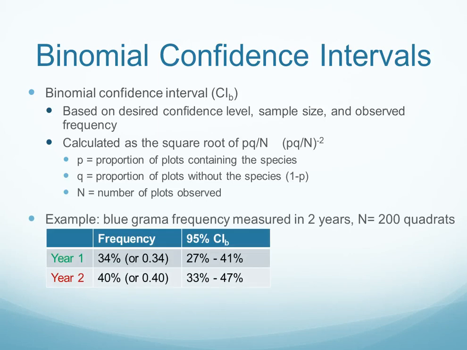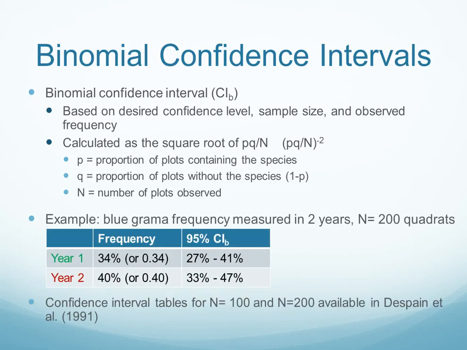So let's look at an example of blue grama frequency data that was measured in 2 years using 200 quadrats. In this case, in year 1, the frequency was 34%, written as a proportion, that's 0.34, and in year 2, the frequency was 40%, written as a proportion is 0.4.